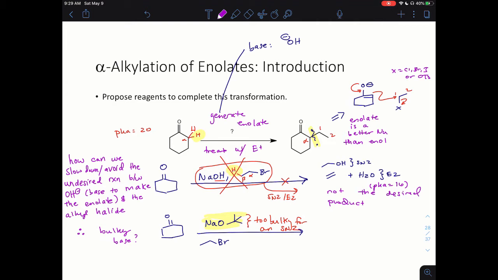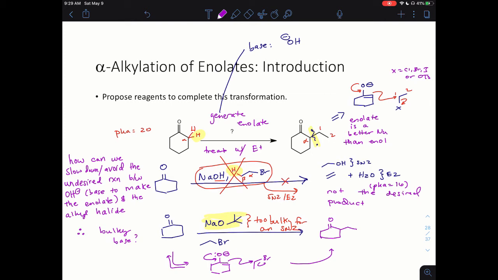So might this work? Might this allow us to generate the enolate? And then the enolate, as an electron-rich species, can react with the electron-poor species to generate the desired product. Well, good question. It's a good idea.